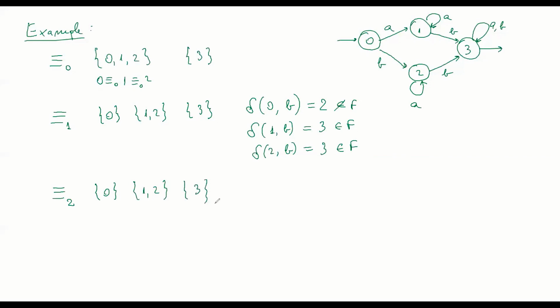And that's the sign that you have to stop, because you just got the same equivalence relation on level 1 and on level 2. So the conclusion is that state 1 and state 2 are equivalent in the automaton A. So you can remove one of them. So let's say that we remove state 2.